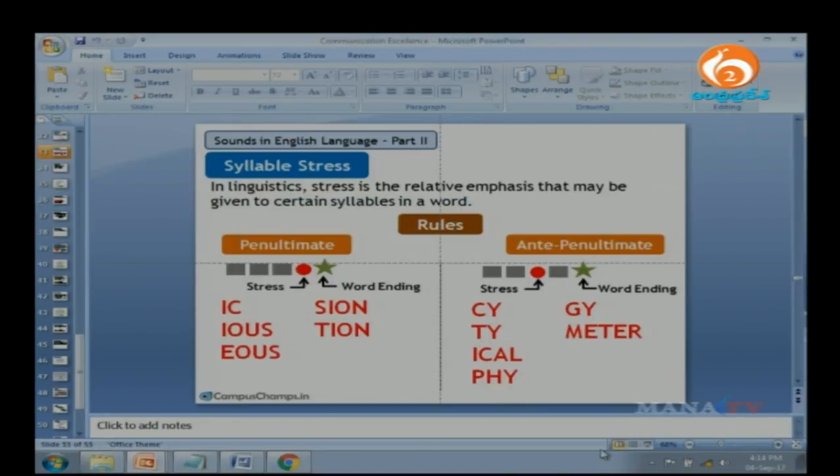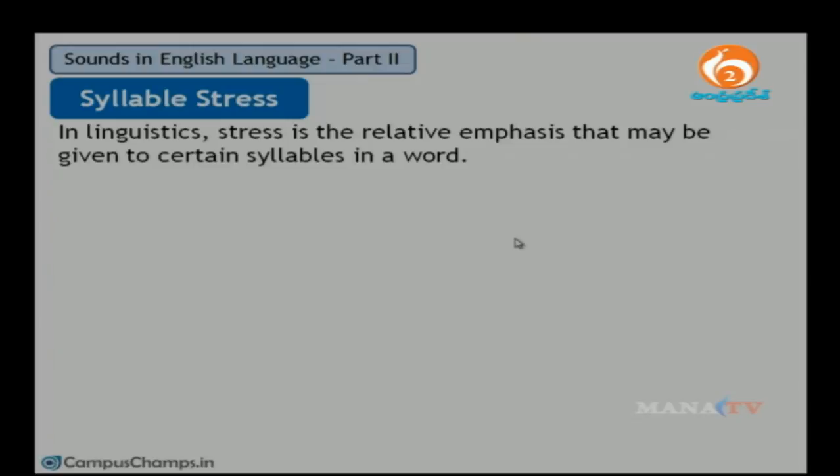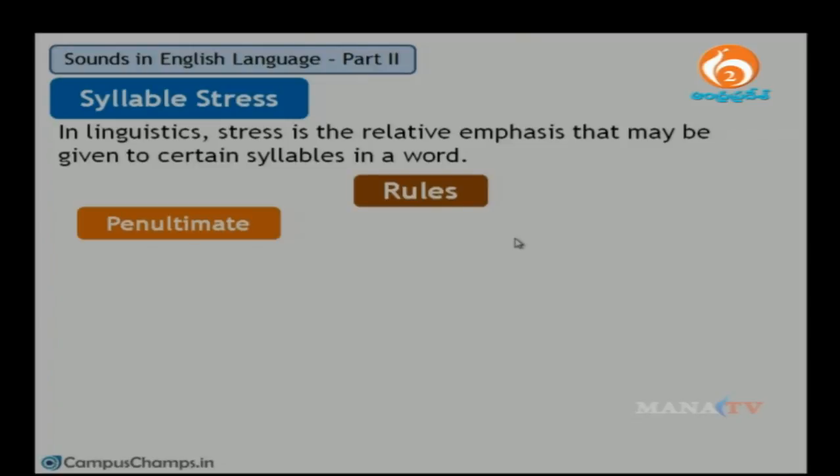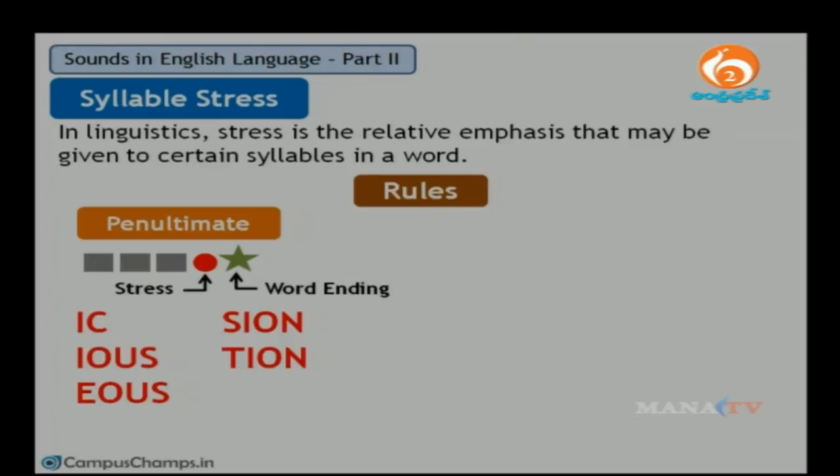The rule says if you have any word with IC, the syllable stress will be on the second last, you need to count from the right side.